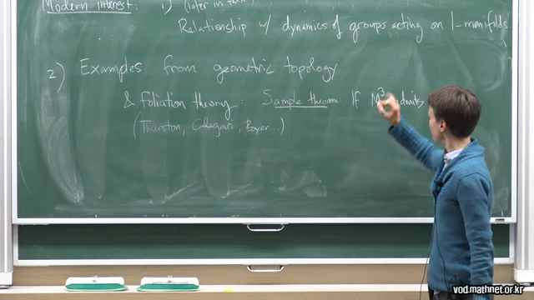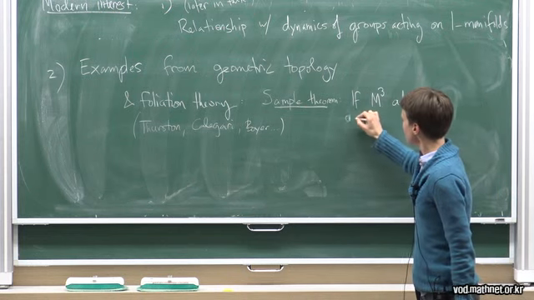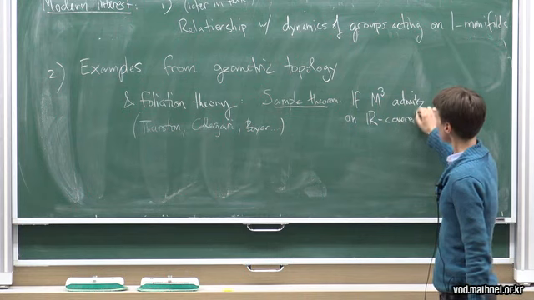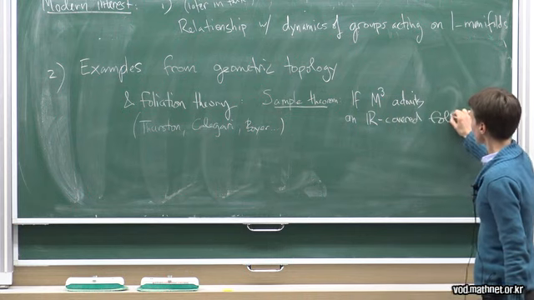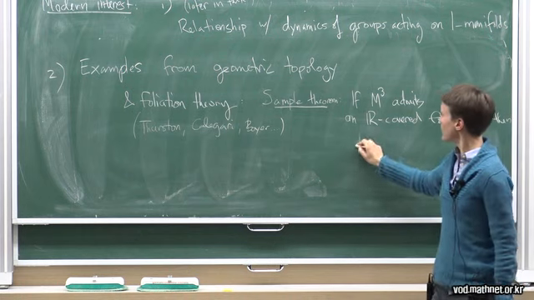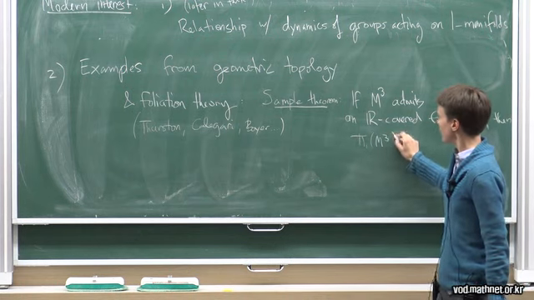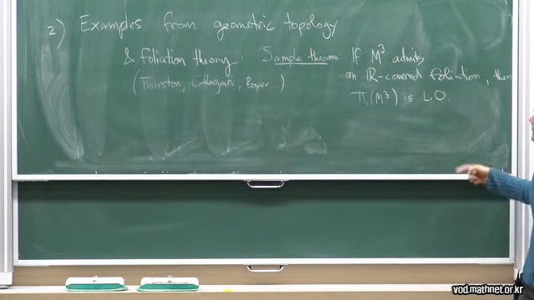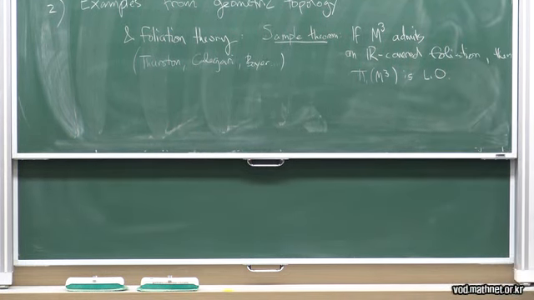If you have a 3-manifold that admits what's called an R-covered foliation, then its fundamental group is left orderable. So it admits one of these left invariant linear orders.